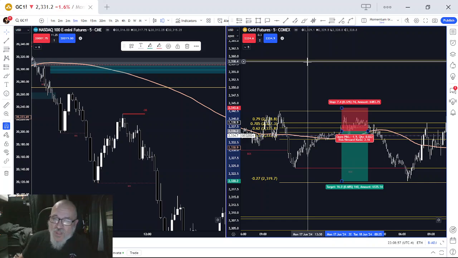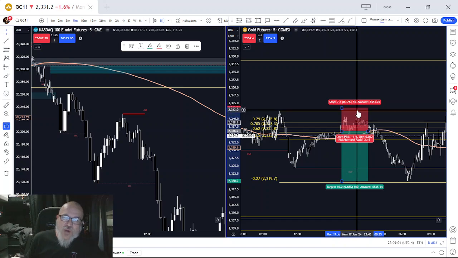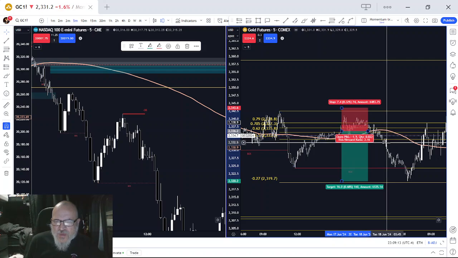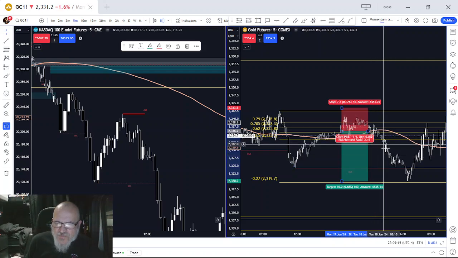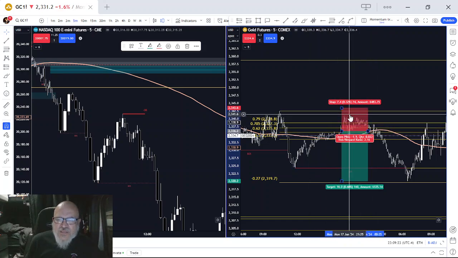Now, again, I don't usually trade Asia, so I probably would not have taken this trade. I might have taken some of it once I saw it starting to fail and break back below the 50. I might have taken some of it down through here. But I'm not placing this order and just letting it run in the Asian session.